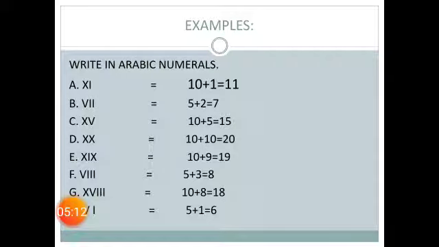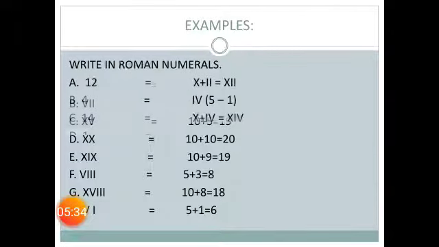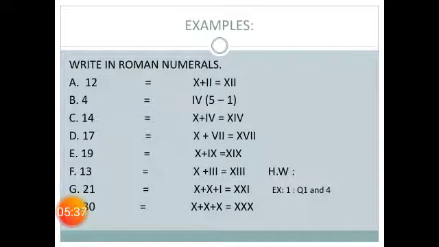X is represented by 10 and VIII is represented by 8. So 10 plus 8 is equal to 18. Now the last one, VI. V is represented by 5 and I is represented by 1. So 5 plus 1 is equal to 6, or VI is represented by 6. Is it clear, students? Now moving to our next one.